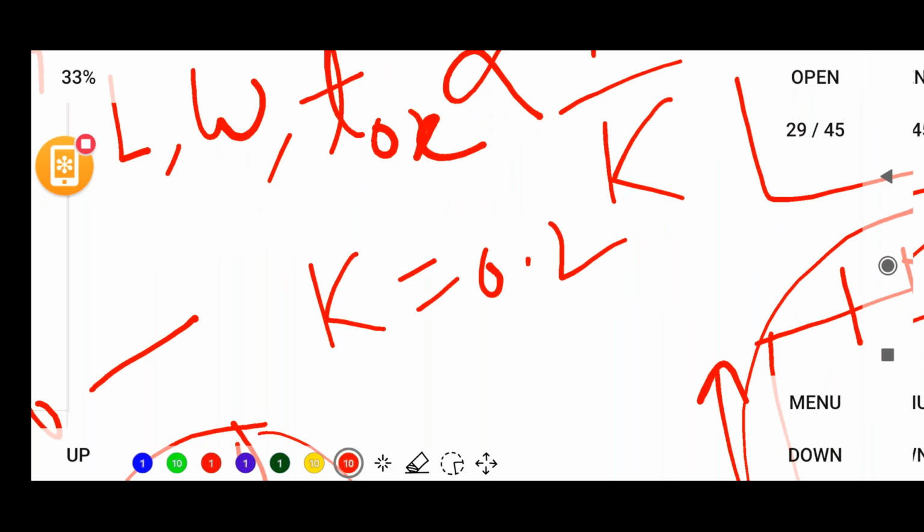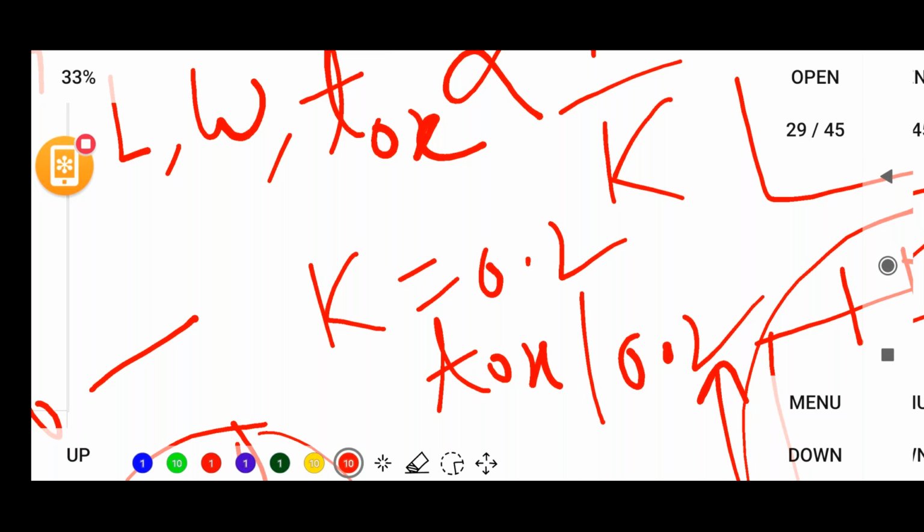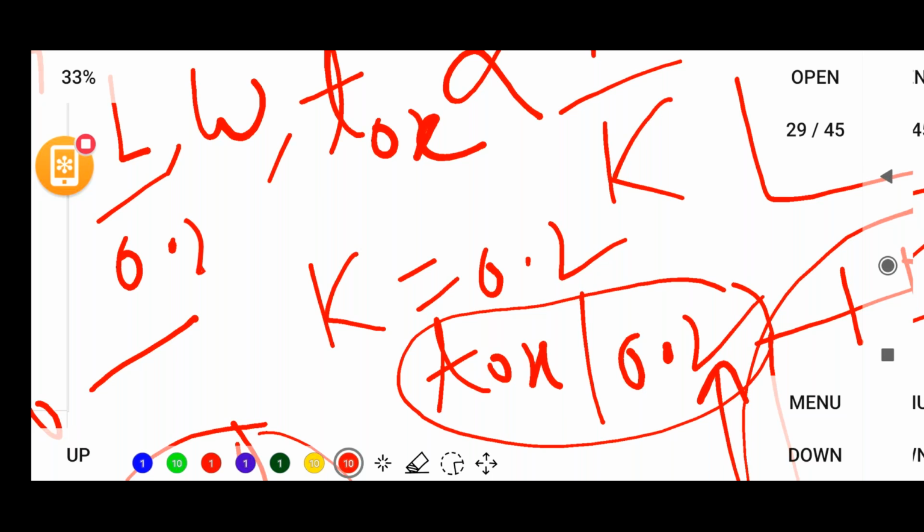In that case, your oxide thickness is TOX divided by 0.2. So these three parameters are divided by 0.2: L, W and TOX are all divided by 0.2.